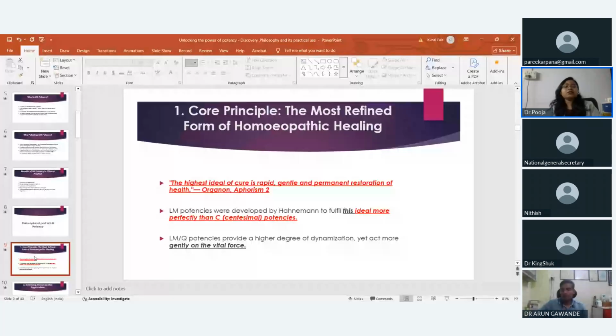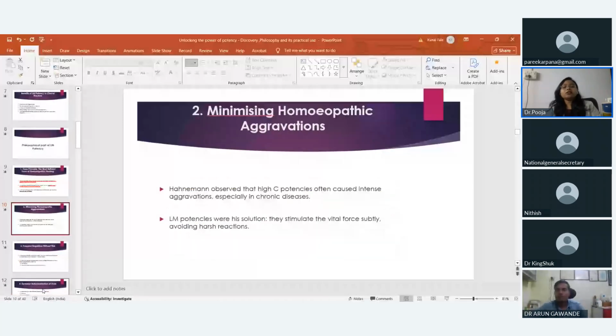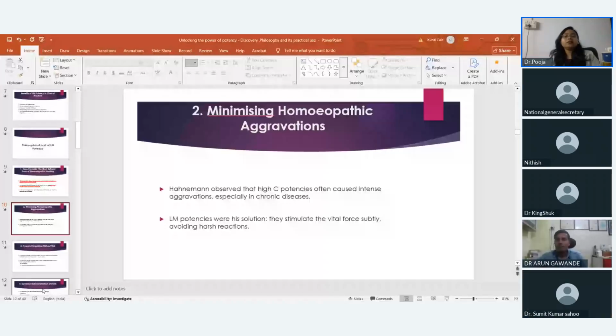Because of this, Dr. Hahnemann invented LM potencies, and felt that this was the ideal potency as compared to centesimal potency, because its action is more gentle on the vital force. Its aggravation is very minimal, whereas Hahnemann observed that in C potencies there was a huge aggravation, especially in chronic diseases, and because of that LM potency was the best medicine according to Hahnemann.